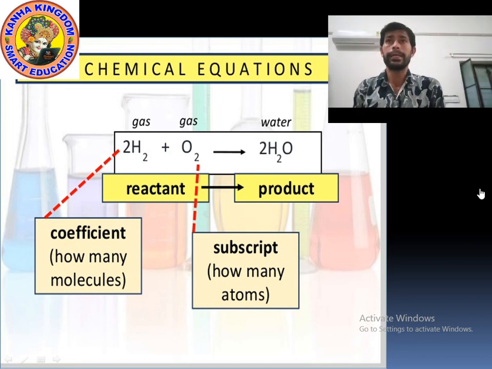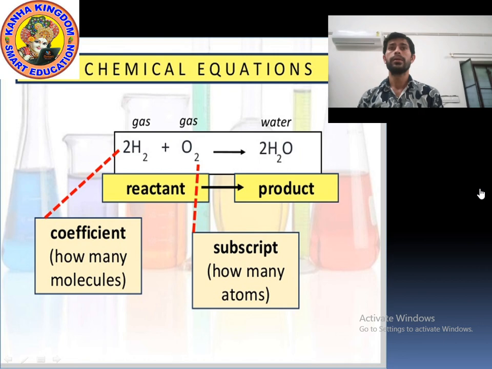Okay, now have a look again at the chemical equation H2 plus O2 gives H2O. A coefficient tells us how many molecules are present in the chemical reaction, and a subscript tells us how many atoms are present. Can you tell me the molecules present in H2, hydrogen gas? Two molecules are present. How many molecules are present in O2, oxygen gas?